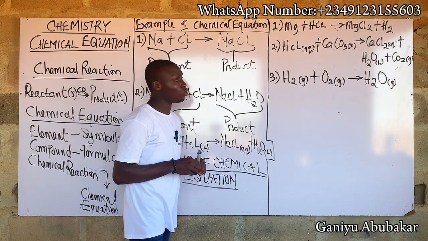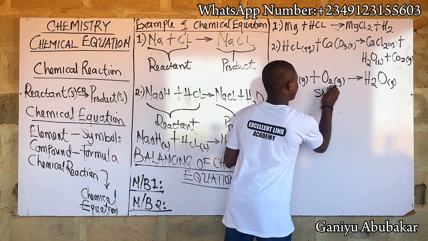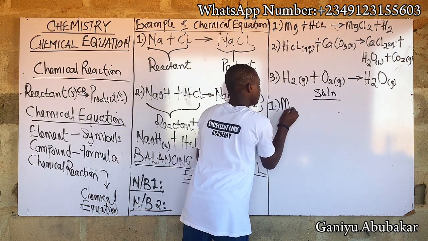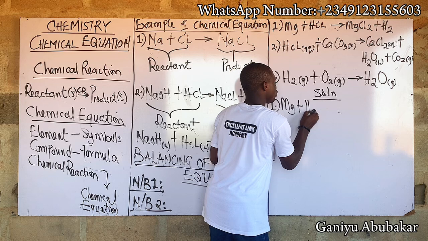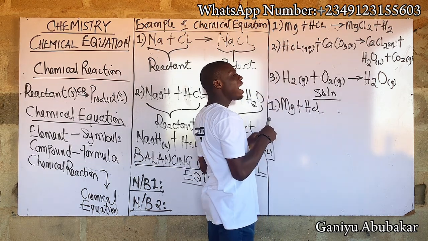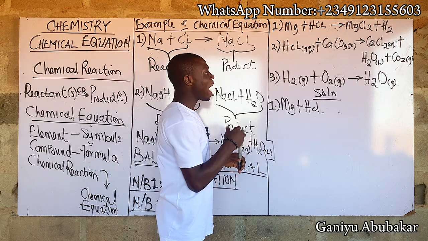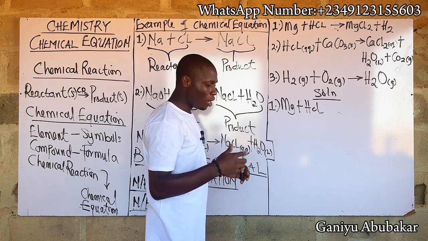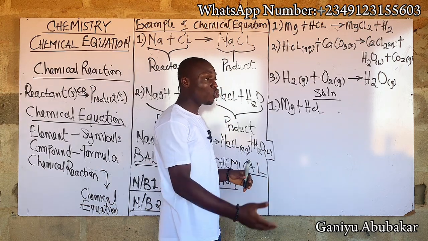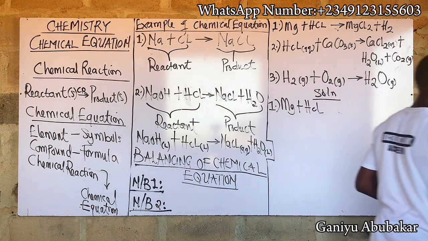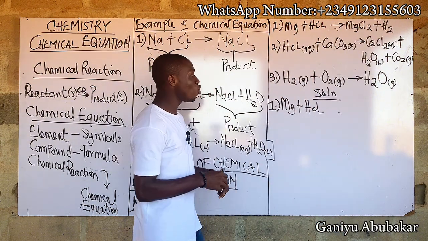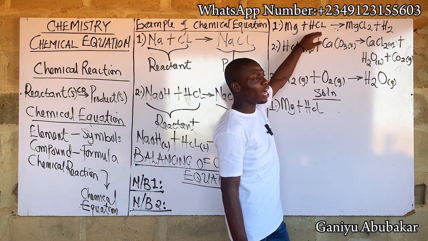Let's balance this equation. Number 1 there, solution. Number 1 there, I have Mg combined with HCl, right? This HCl is either hydrochloric acid or hydrochloric gas. So you call it either hydrochloric acid or hydrochloric gas.